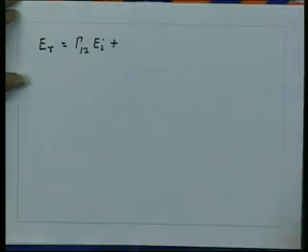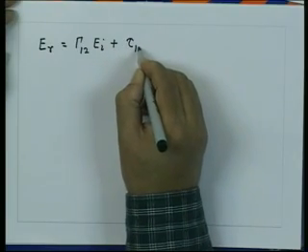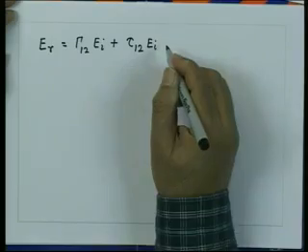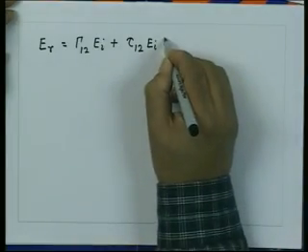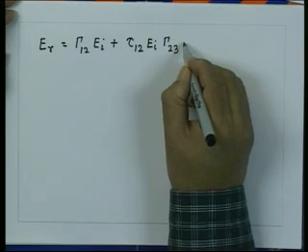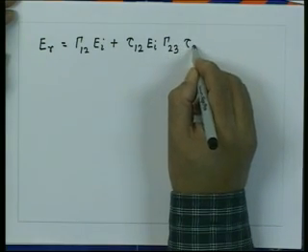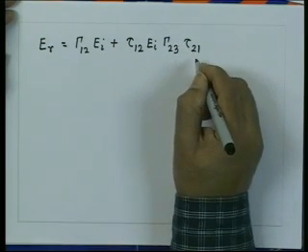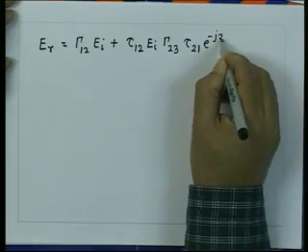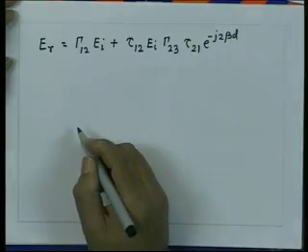So, you can write here tau 1 2 E I, gamma 2 3, tau 2 1 with a phase term now which is e to the power minus j 2 beta d.